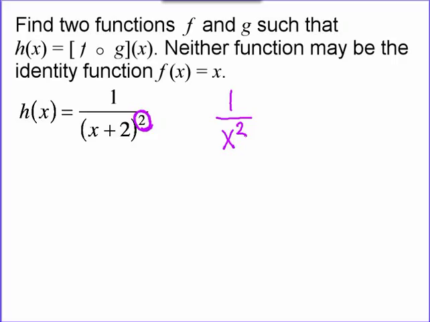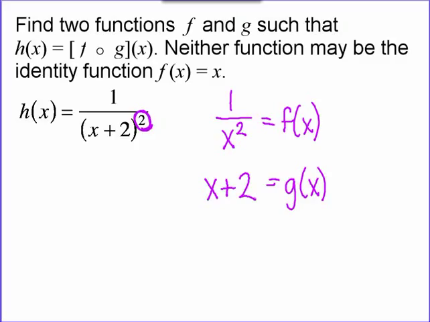If this is where I started, I need to put another function in here for x so that I get 1 over x plus 2 quantity squared. What did you say, Zach? X plus 2. Now let's think about what that means.